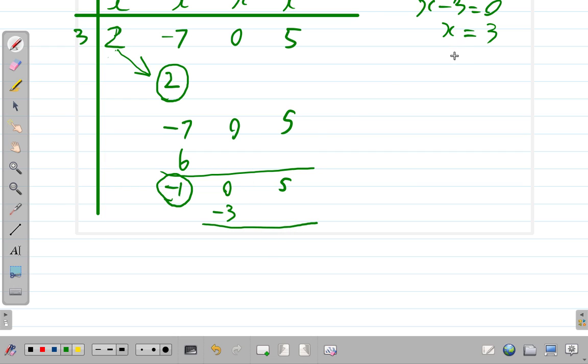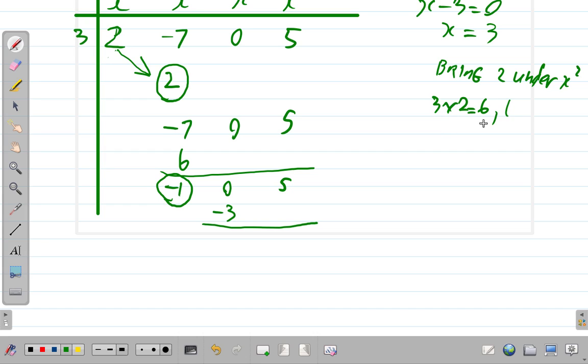And so remember the steps: you bring 2 under x squared. 3 by 2 is equal to 6.